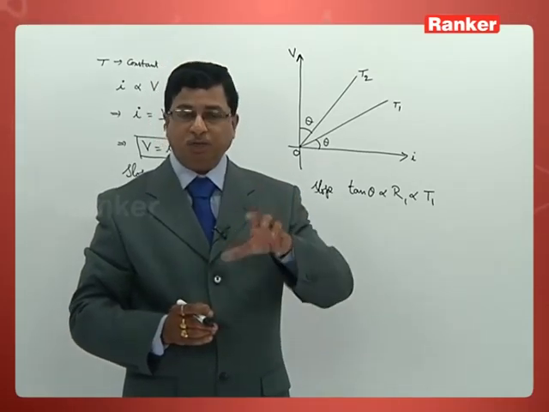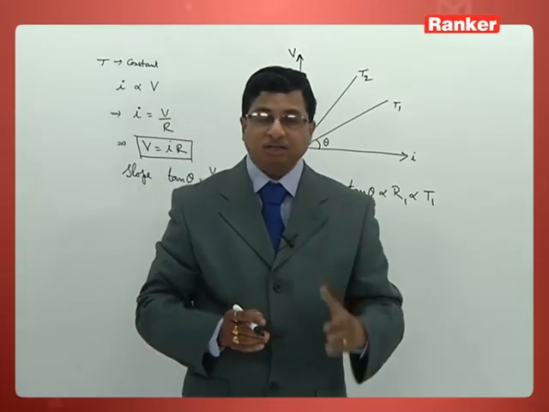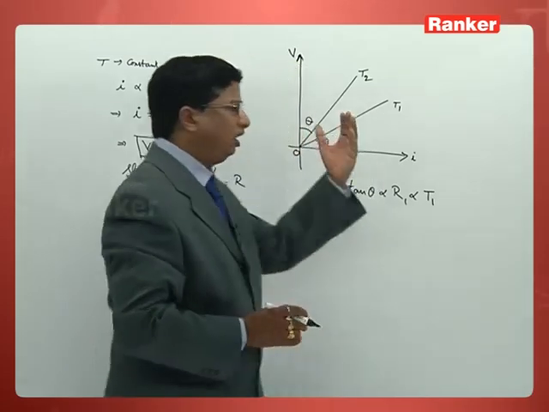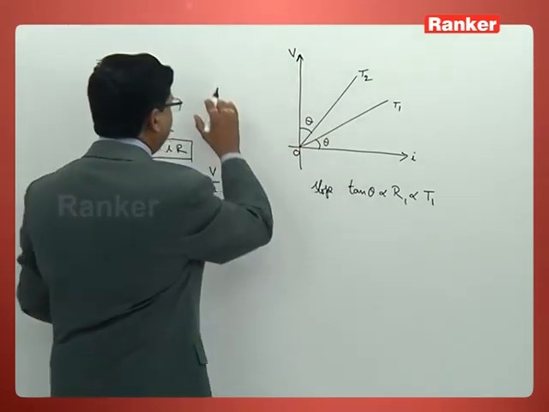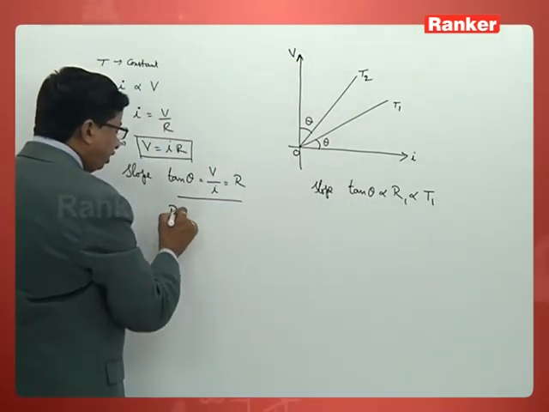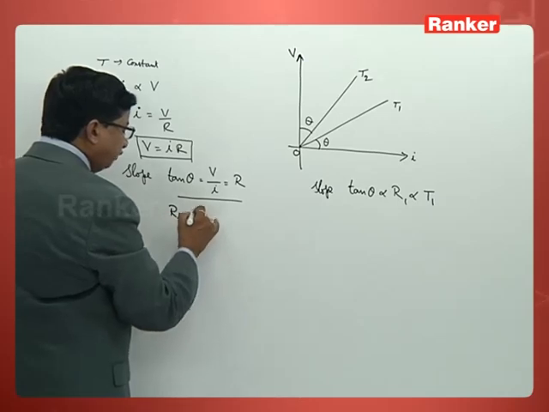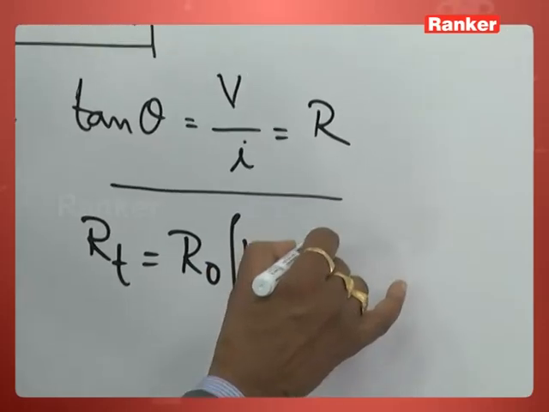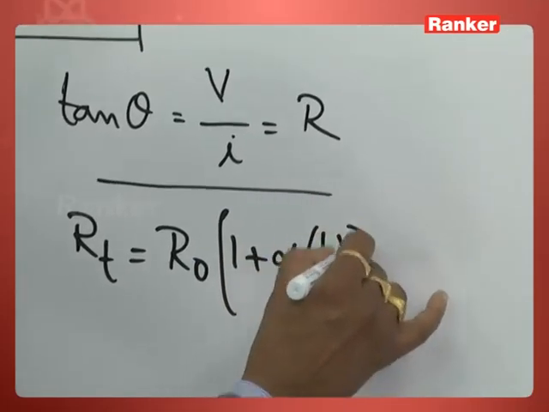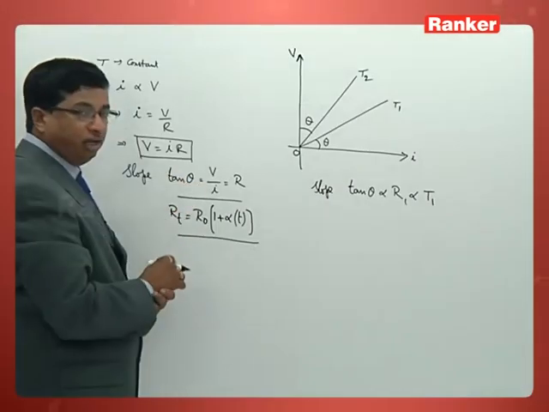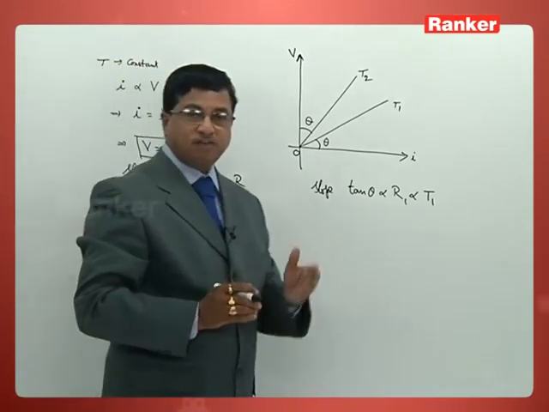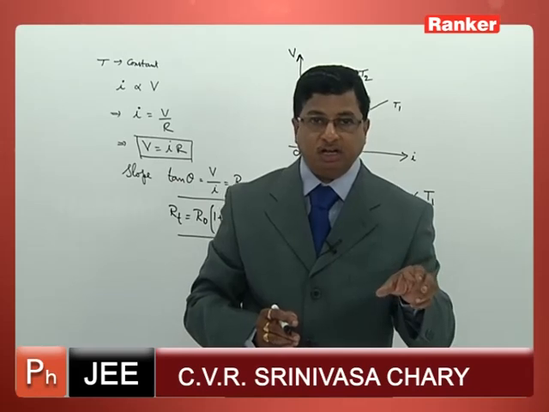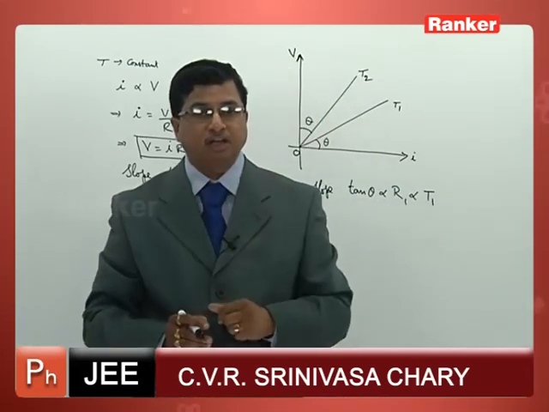In what way did we used to calculate the resistance at a particular temperature? Try to recollect that equation once again. I just remind you, R at a temperature T is equal to R0 into 1 plus alpha T. This is the relation between the resistances of a conductor at 0 degrees centigrade and at T degrees centigrade.